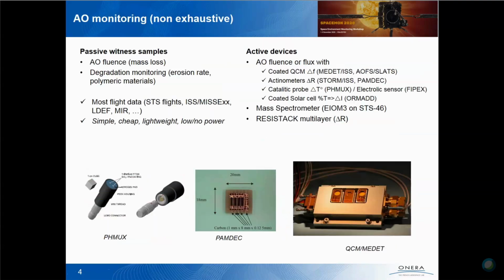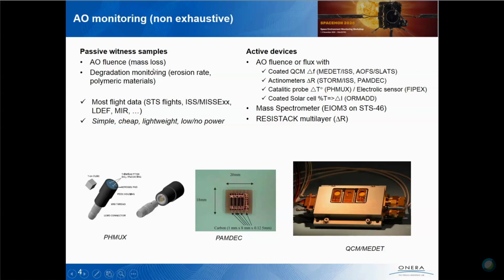On this slide, we have a non-exhaustive list of the different devices that are used for monitoring atomic oxygen in orbit. The monitoring is mostly performed using witness samples that allow measuring atomic oxygen fluence by measuring the mass loss of the sample.